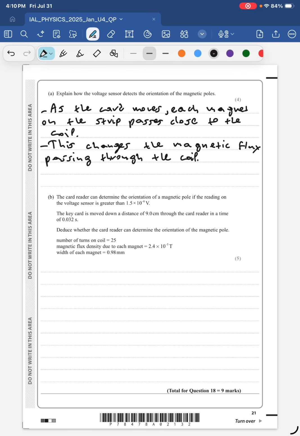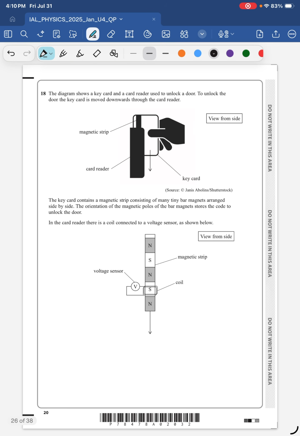A changing flux induces an EMF in the coil, and we can see this from the diagram. There's a coil there, so if we change the magnetic flux by alternating these magnets and moving down, the magnetic flux in the coil changes, so there will be an EMF and a current generated in that circuit.